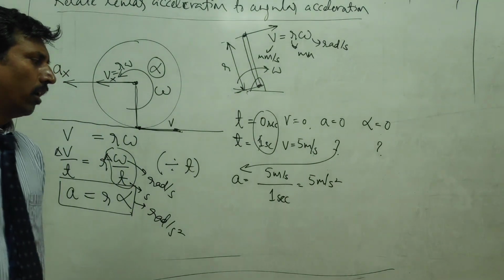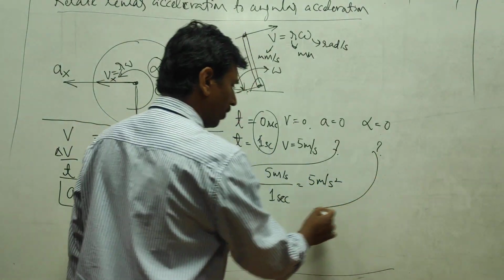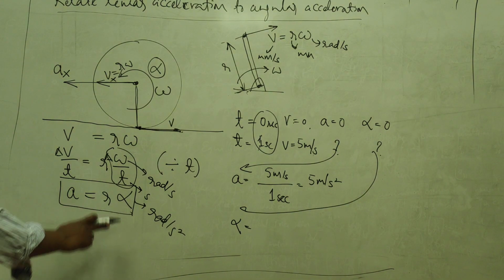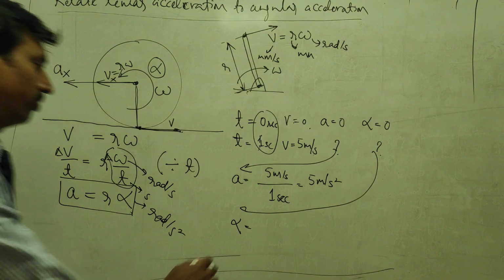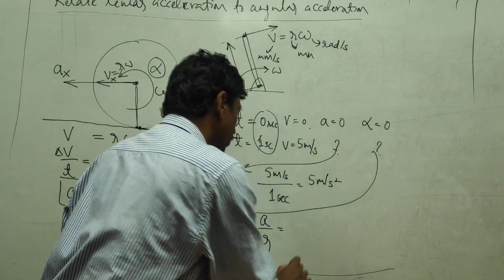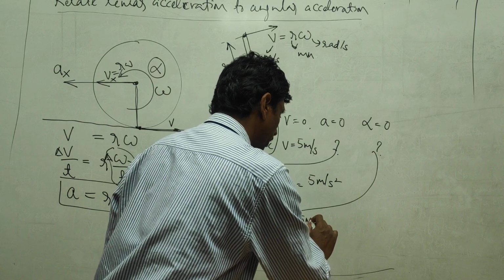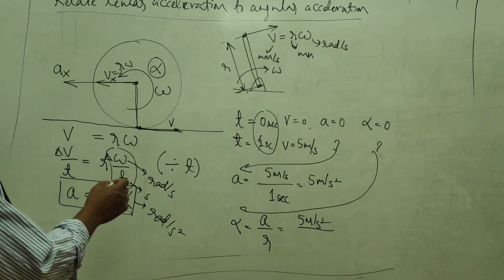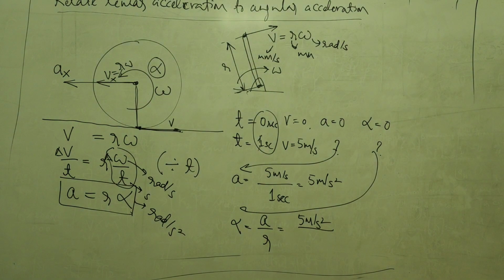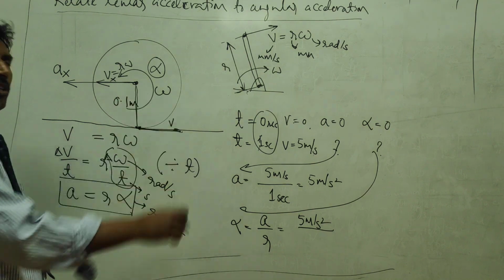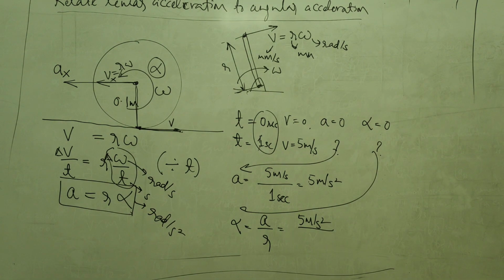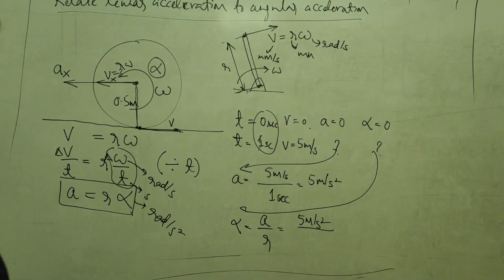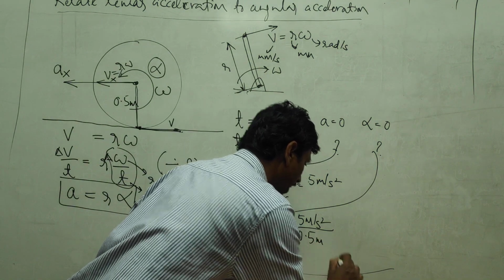Okay, and then angular acceleration alpha. That can be found out by the formula a is equal to r alpha, so alpha is A by R. So if you know A, that is 5 meters per second square divided by R. Here, let us consider an easy value like 0.1 meter for the wheel radius to make our problem easier. Or otherwise you can make it 0.5 meter, because it makes the calculation easier.